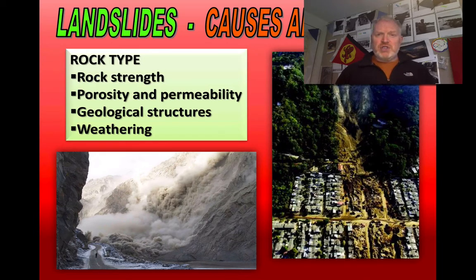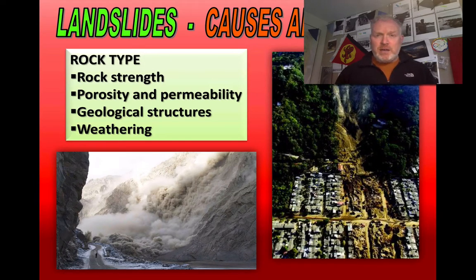How water is actually getting into the rock. Water is crucial in understanding how landslides work. Any structures within the rock can provide pathways for that water to get in. If we have cracks or joints or faults or bedding planes or any breaks in the rock, they can let water in. And finally, we also have to think about how weathered the rock is.